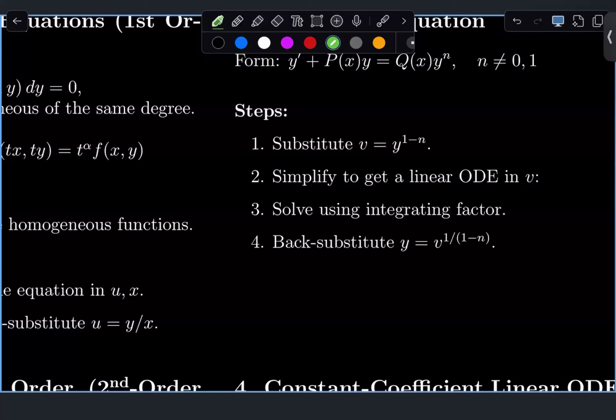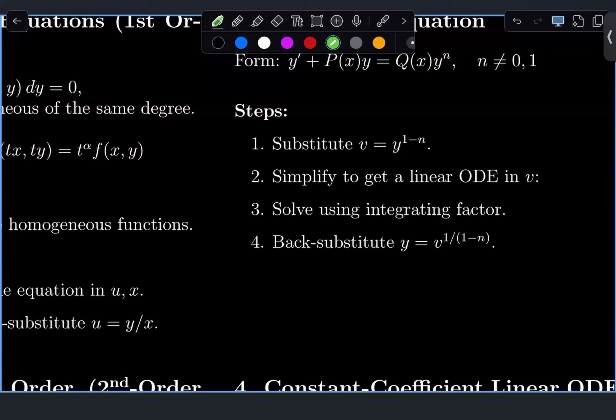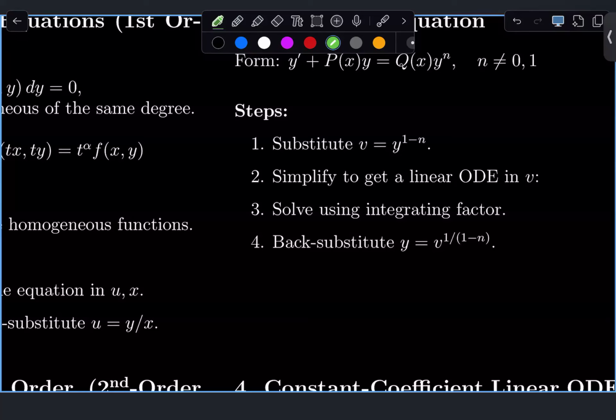Then you plug it in and write the equation in terms of v and x. So you don't want to have y anymore. Once you do that, you should get a linear equation that you can solve with integrating factor. So that's what we did in midterm 1. And by the way, I forgot to say, I'm also going to give you the formula sheet for midterm 1.